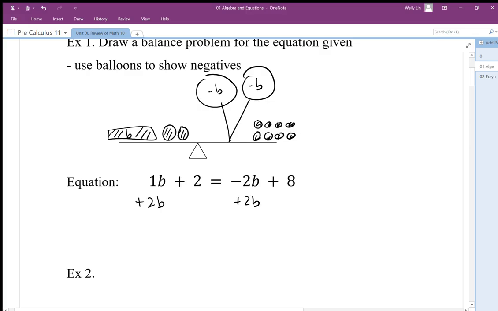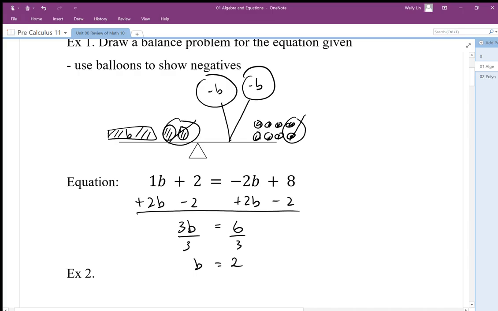Okay, we have to make sure that we balance equations. And I want to get all the ones to the other side, so I'm going to take away a couple ones here, take away a couple ones here, get rid of those, get rid of those. So what ends up happening is we end up with 3b on this side, and we get 6 ones on this side, and we can group those 3b's by dividing both sides.